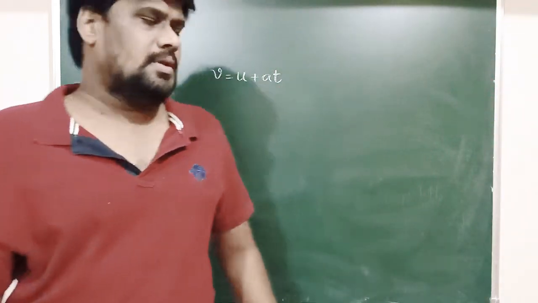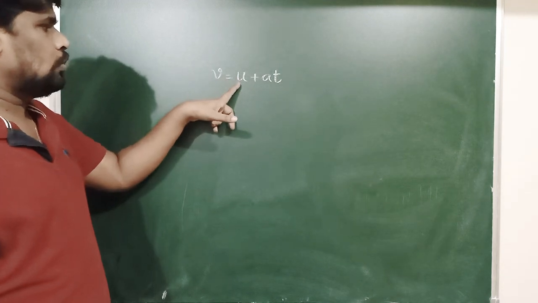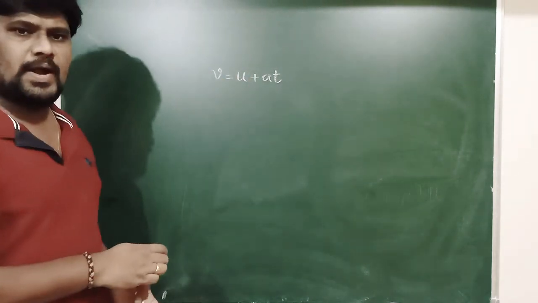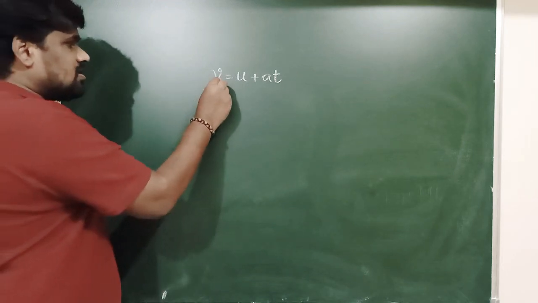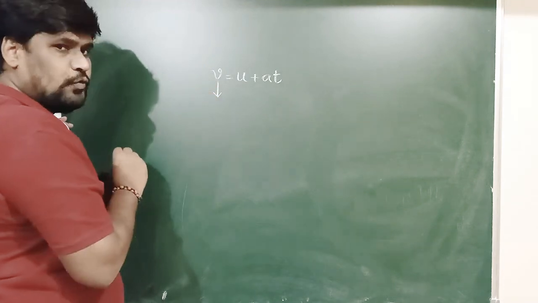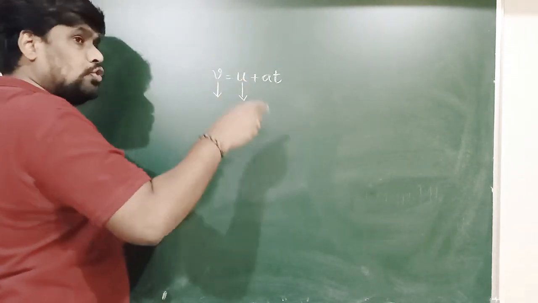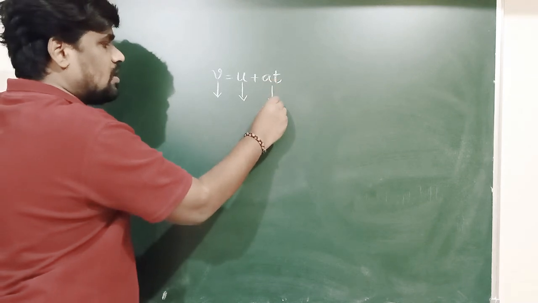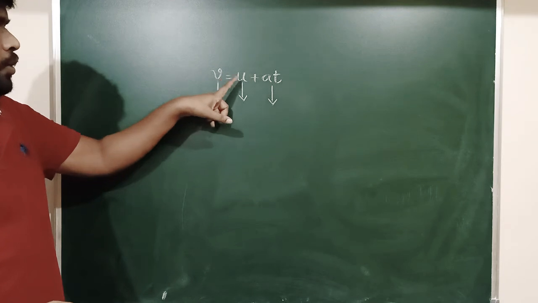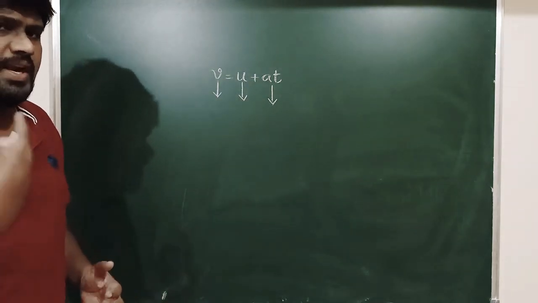For example, here we have the equation v = u + at. This equation is correct provided the dimensions of v should be equal to the dimensions of u, which should be equal to the dimensions of at. ಇಲ್ಲಿ ಎಷ್ಟು ಟರ್ಮ್ಸ್ ಇದಾವೆ ನನಗೆ? v, u and at. ಮೂರು ಟರ್ಮ್ ಇದಾವೆ. ಟೋಟಲ್ I have 3 terms.